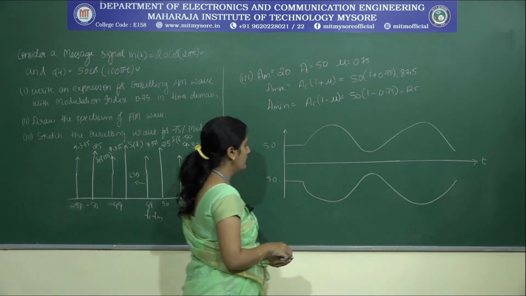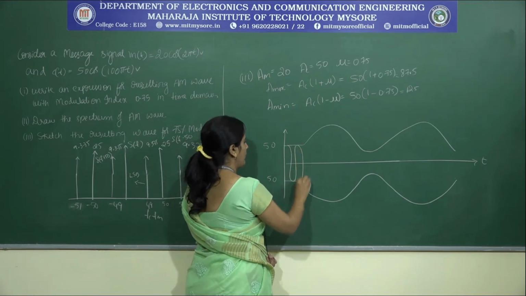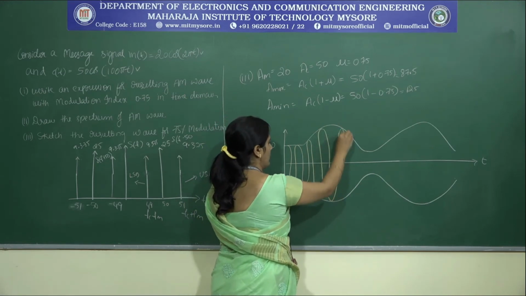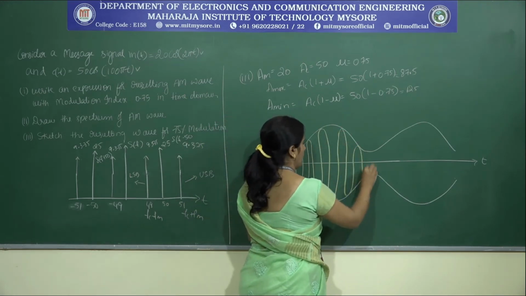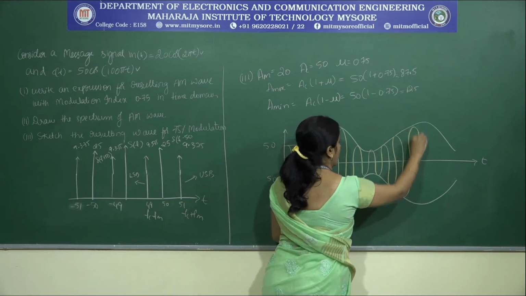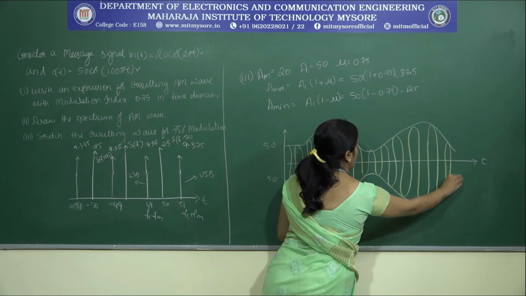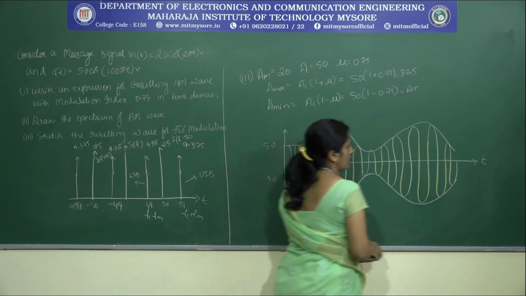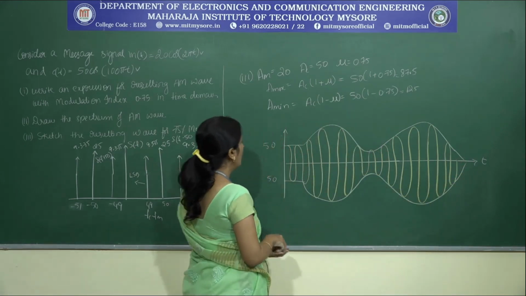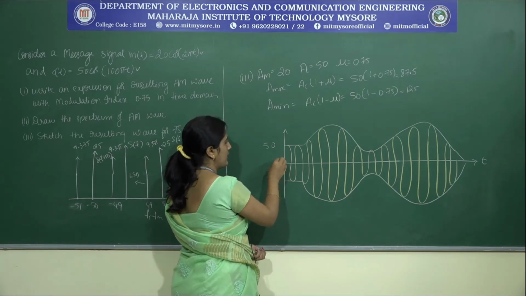Okay, this is our message signal. If we have to represent the carrier frequency here, okay. Now this is the maximum amplitude we have for the carrier signal.